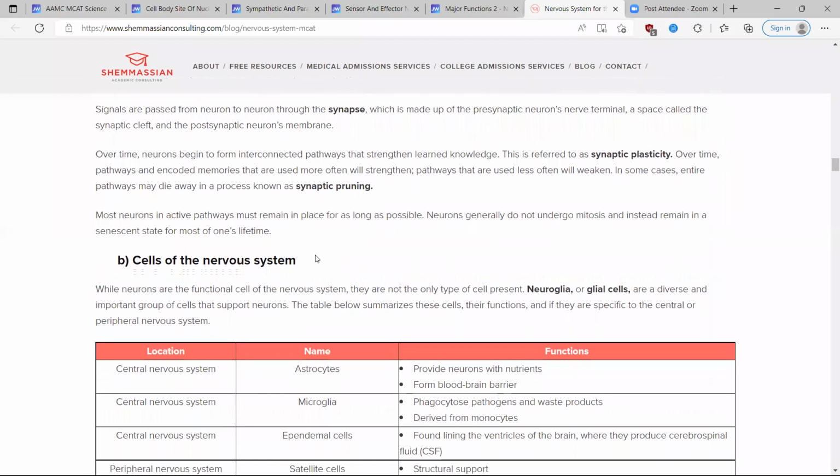So signals are passed from neuron to neuron through the synapse, as we talked about. Over time, neurons begin to form interconnected pathways that strengthen learned knowledge. This is referred to as synaptic plasticity.